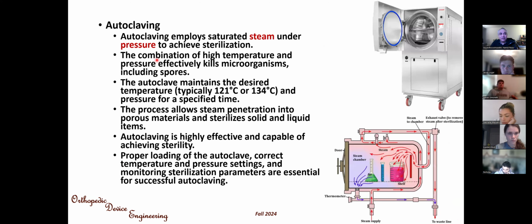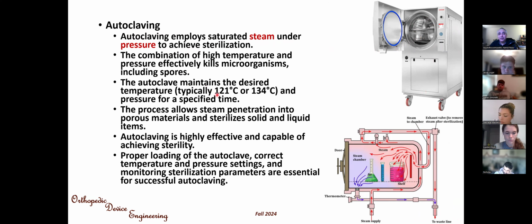Heat sterilization is either autoclaving, which uses saturated steam, which means steam with high temperature under high pressure inside a chamber.